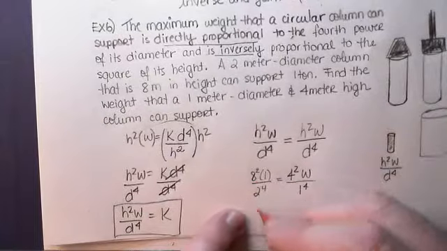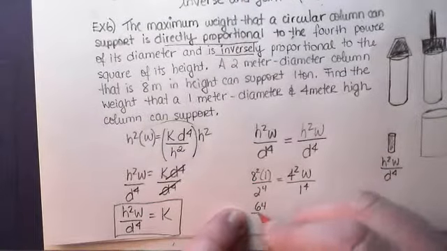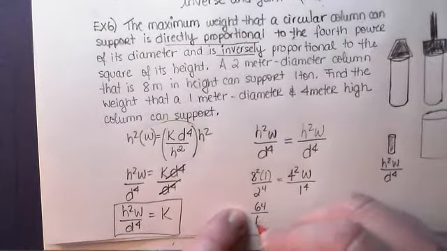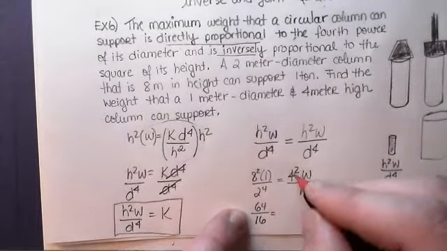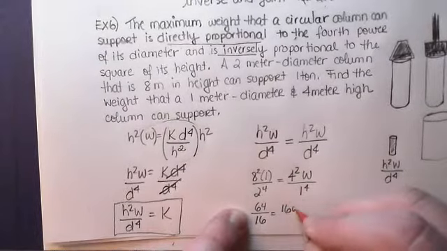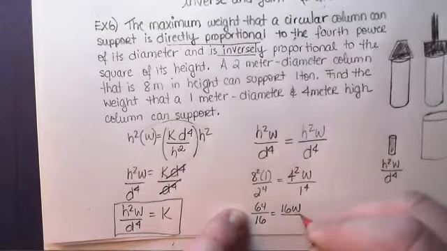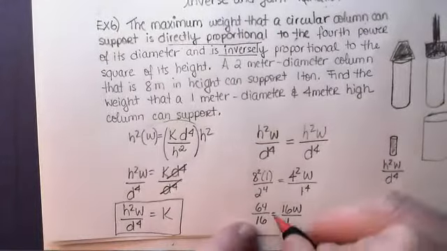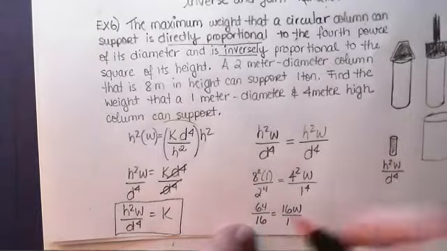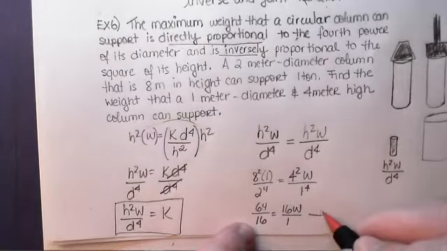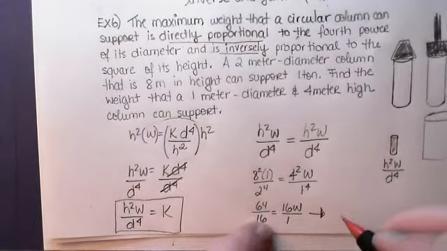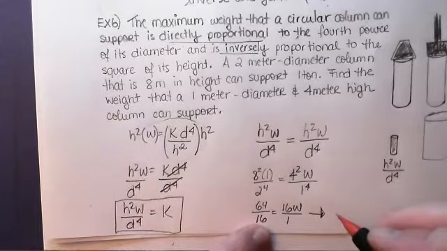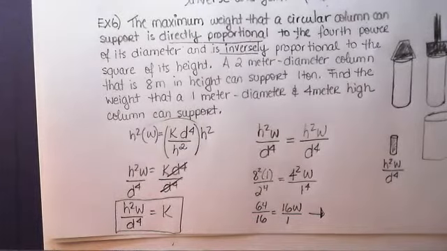Alright, 8 squared is 64. 2 to the 4th power will be 16. This would be 16W, and 1 to the 4th power is 1. Now 64 divided by 16, what is 64 divided by 16?